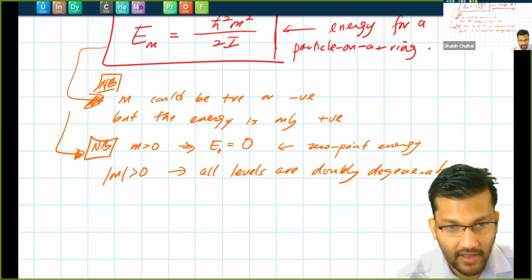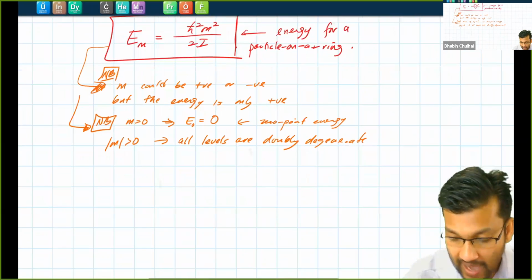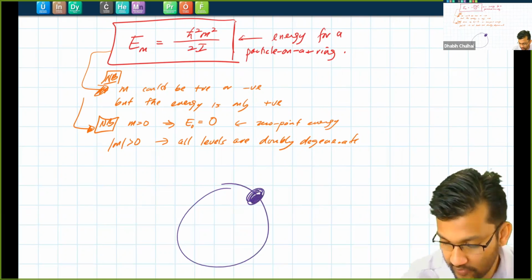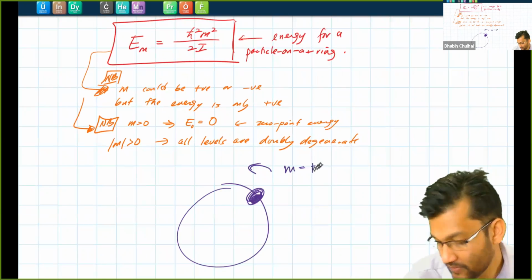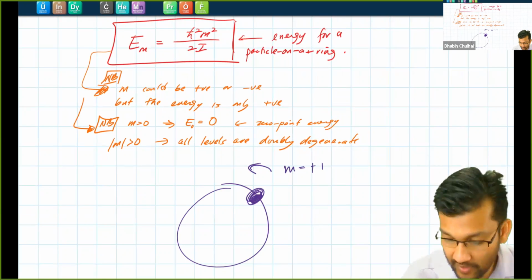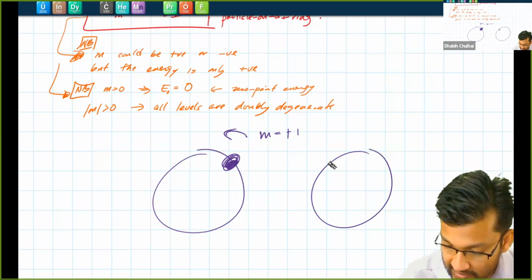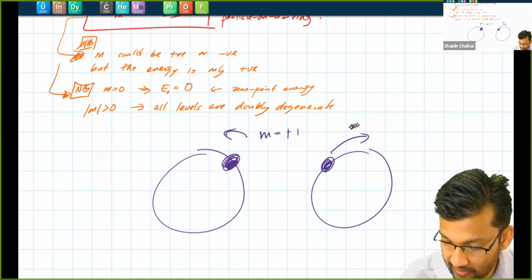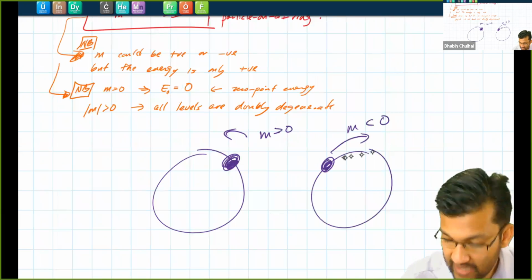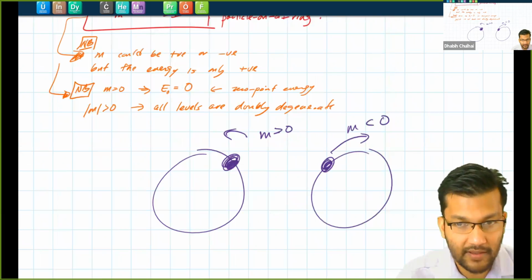If you were to try to model what's happening there, let's say this is a particle moving on a ring. M equals +1, or any positive number, corresponds to a particle moving counterclockwise, whereas negative values of m, so m less than 0, mean the particle is moving clockwise.